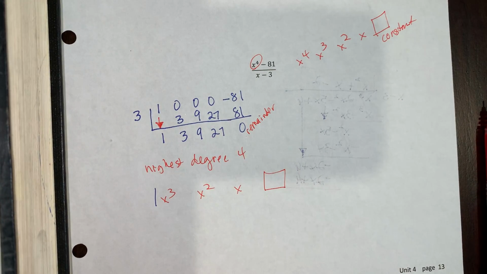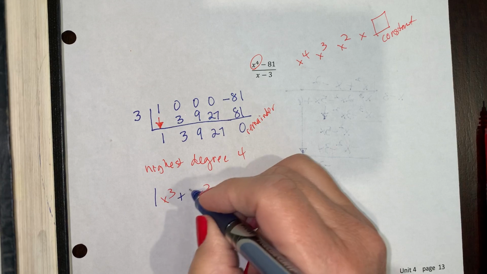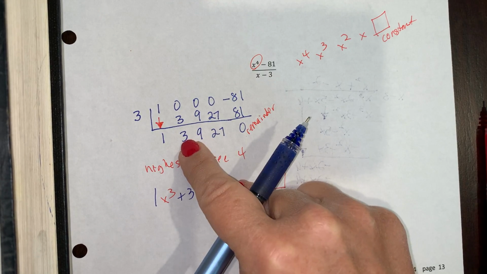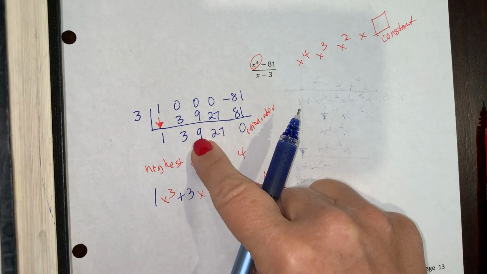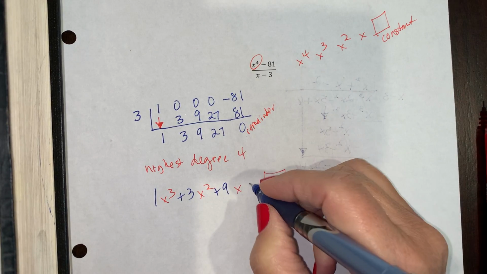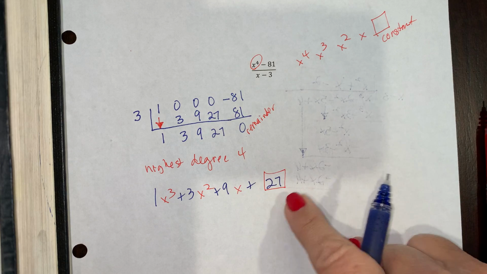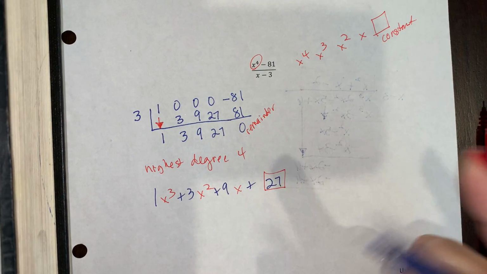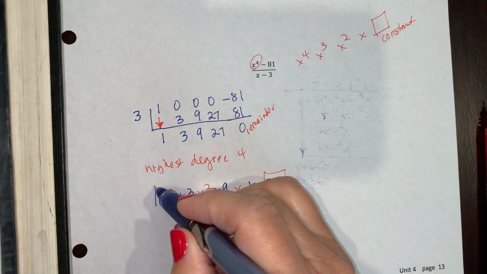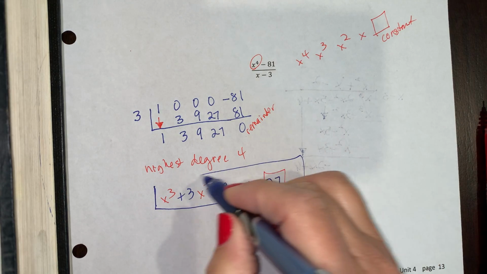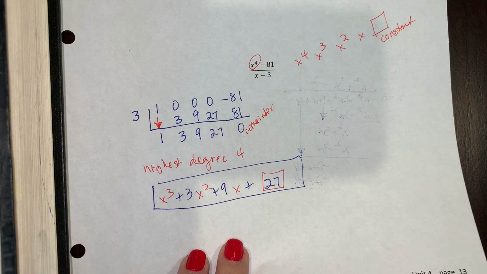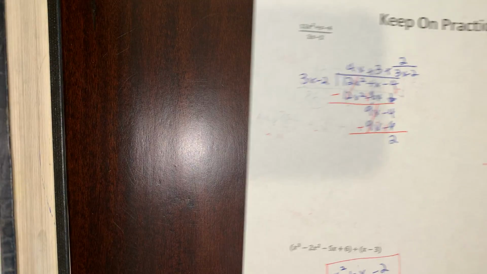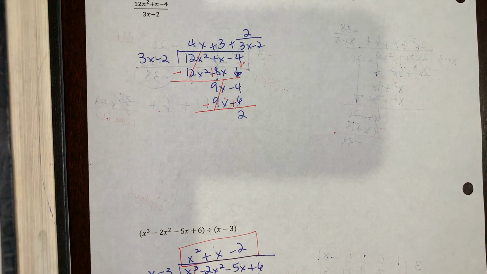So 1 is my x to the third, plus 3 is my x squared, plus 9 is my x term, and then plus 27 is my constant, but I didn't have a remainder. So this is my final answer. Okay, then on the back side of this page is a just keep practicing.